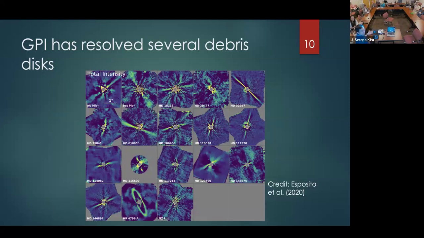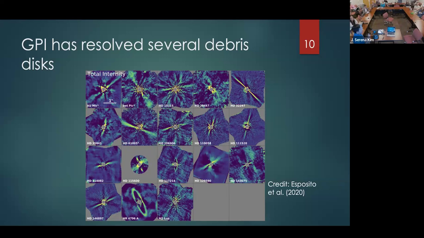So, as you can tell from the name, the primary goal of the Gemini Planet Imager and other high contrast imaging instruments such as SPHERE was to search for directly imaged planets. But if you're familiar with high contrast imaging, maybe you know that both of these instruments have definitely resolved and detected a lot more disks than planets, which is good for me because I really like disks. This is just a sample of quite a few disks that GPI has been able to image, and this is a figure from one of my frequent collaborators, Thomas Esposito.